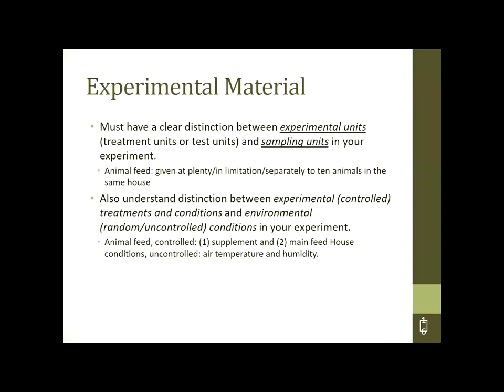So we have plus minus type things, a control versus a treatment effect. Or we might have what's considered to be the normal standard. So we may be doing a food science experiment and the normal level is 3.5% protein in your yogurt, for instance, and that would be the standard that you compare the other treatments to. So it's the control treatment.